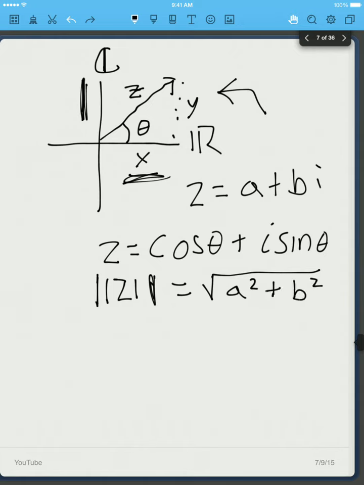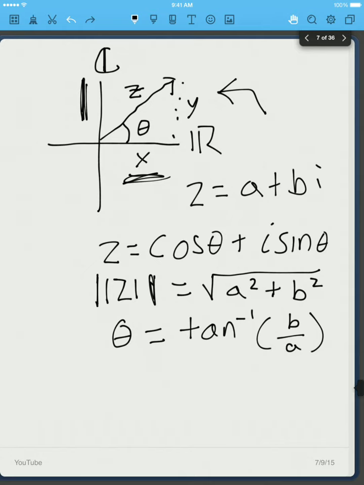Another interesting thing is that theta is equal to the inverse tangent of b over a, which is another geometric argument based on this picture.